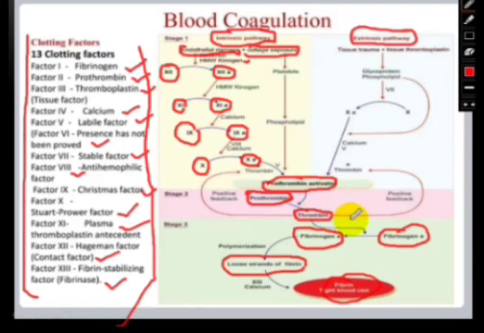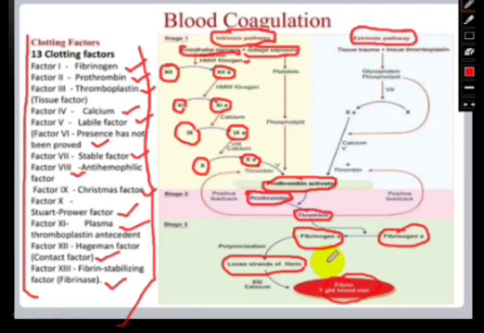Factor 10 stimulates prothrombin activator. The function of this prothrombin activator is to convert prothrombin to thrombin. Prothrombin is an inactive structure. The active form is thrombin. So prothrombin activator converts prothrombin to thrombin. Thrombin will now convert the inactive fibrinogen to active fibrinogen.